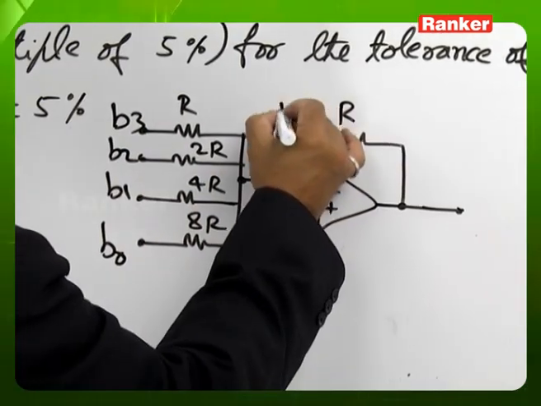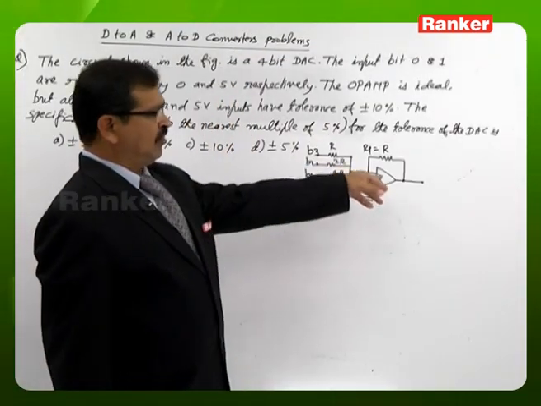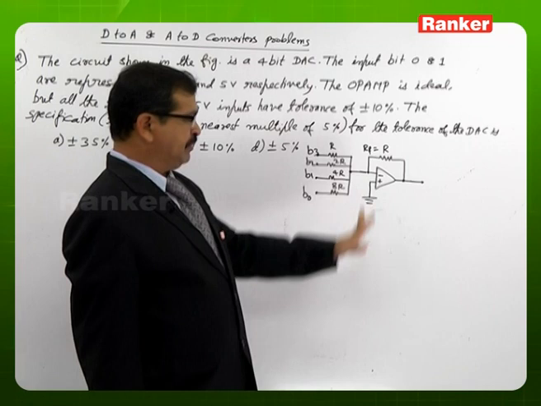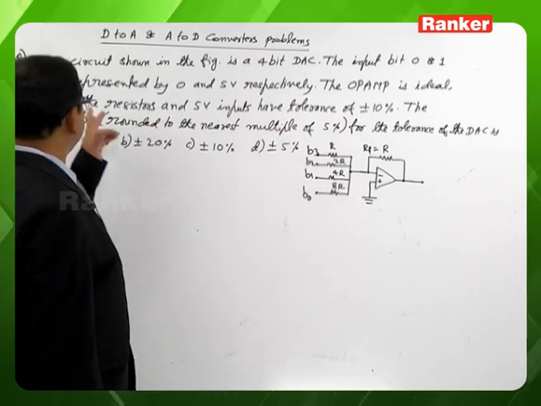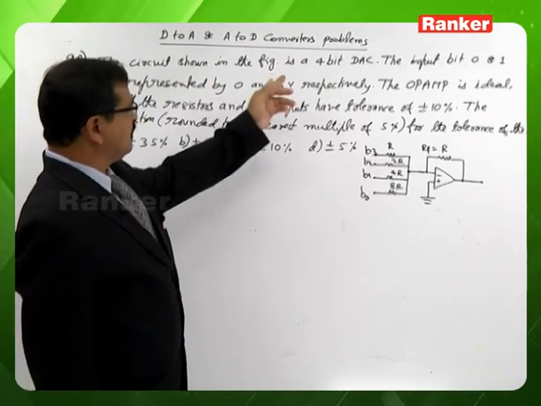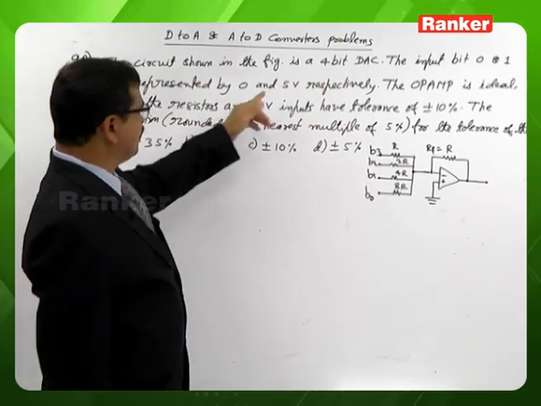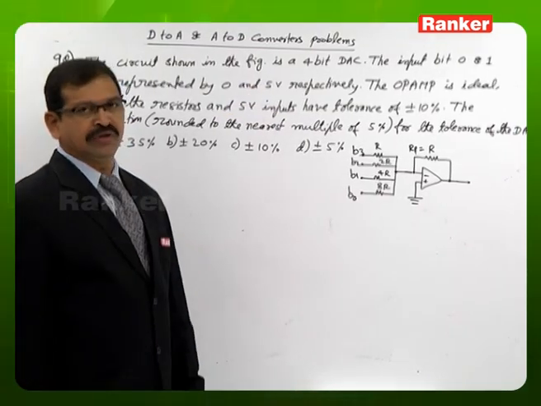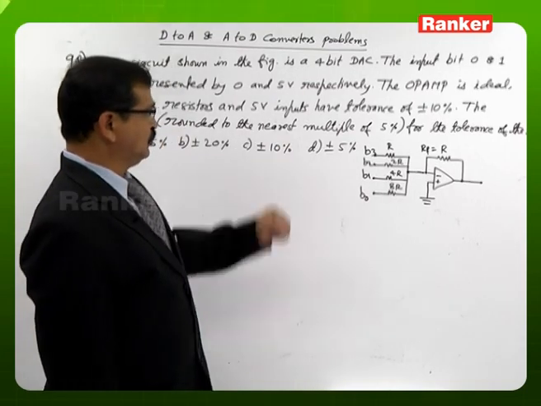And we are looking at the feedback resistor from the output to the inverting terminal of the op amp, which has a resistor value of R. The input bits 0 and 1 are represented by 0 and 5 volts respectively. So the logic 0 value is 0 volts and the logic 1 value is 5 volts.